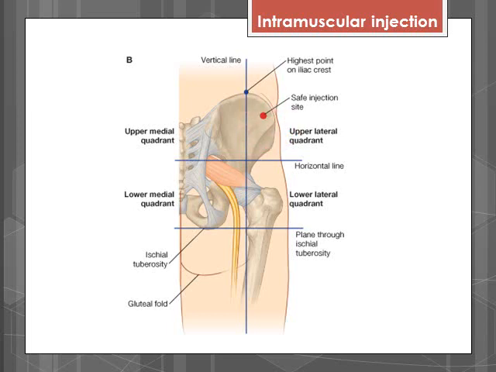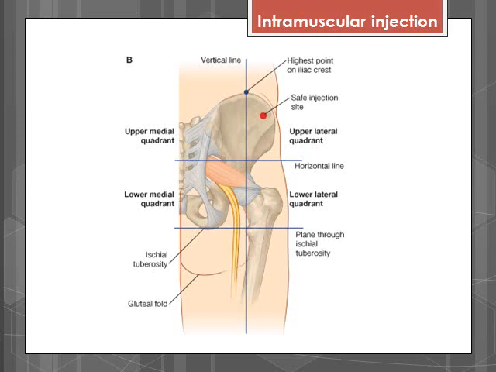The gluteal region can be divided into quadrants by two imaginary lines. We can position these lines using two palpable landmarks. The first landmark is the highest point of the iliac crest, and the second landmark is the ischial tuberosity.